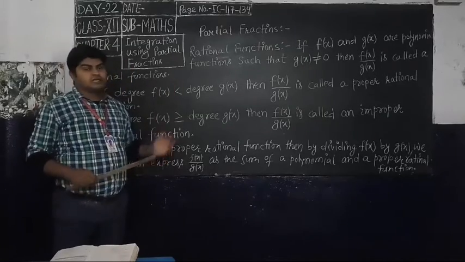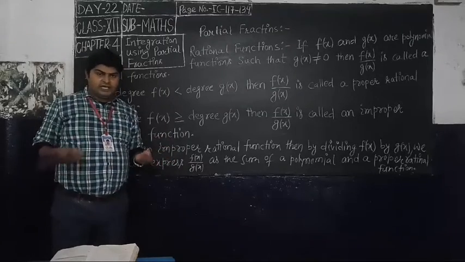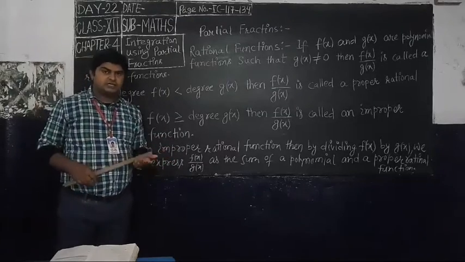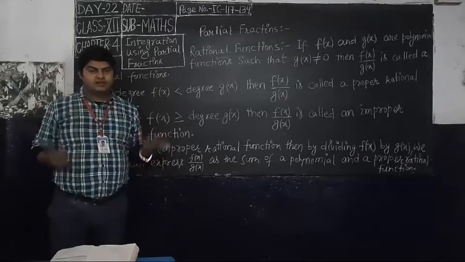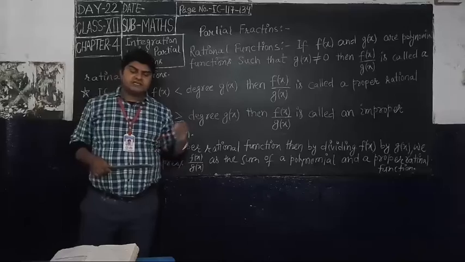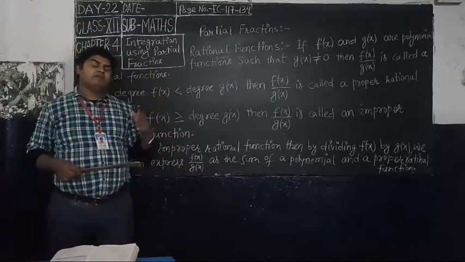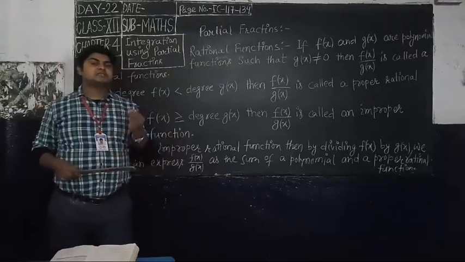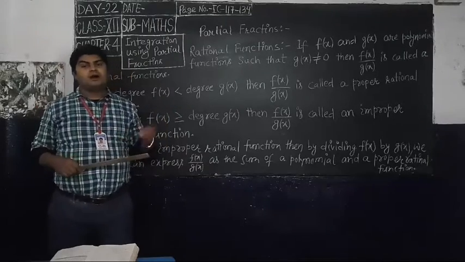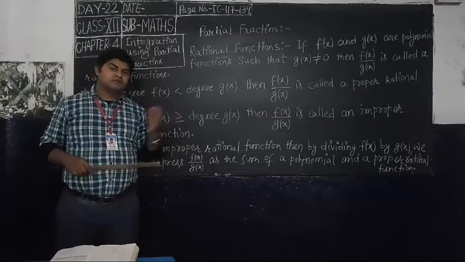But here you will study rational functions. A polynomial is written as f of x, g of x. Those mathematical expressions which can be written in the form f of x by g of x, where f of x and g of x are polynomials of any degree, are known as rational functions.